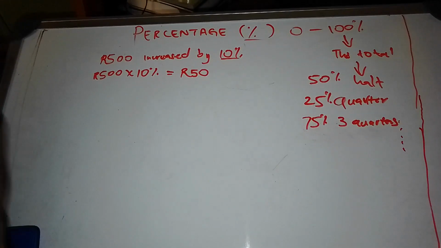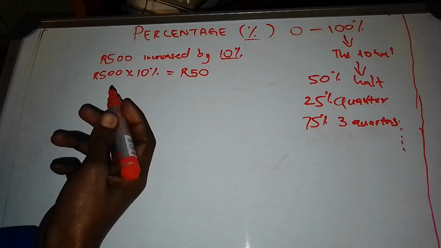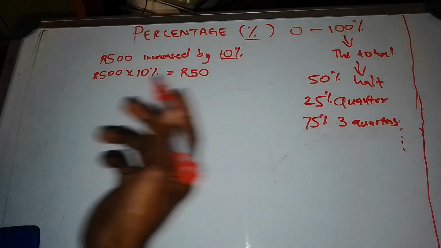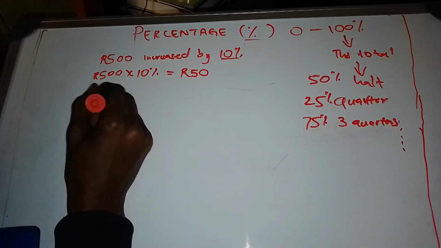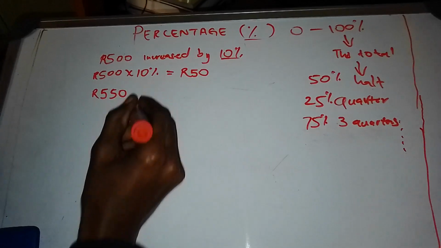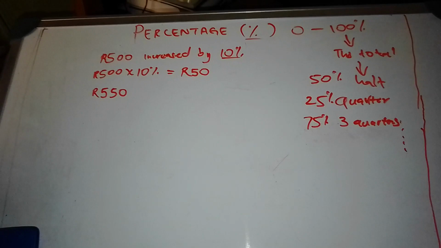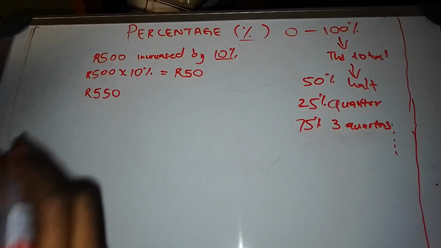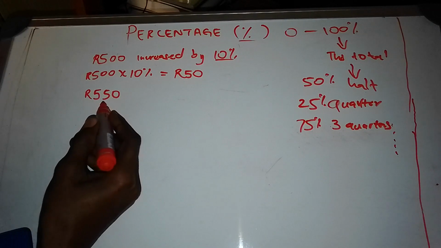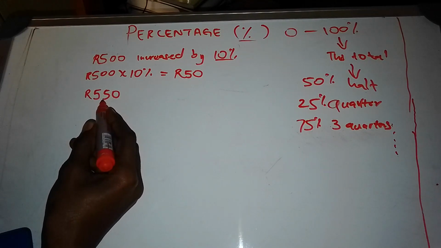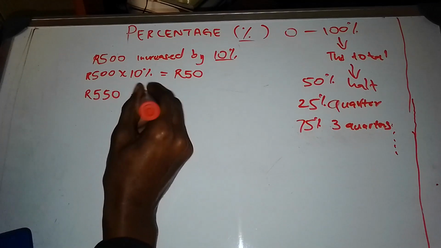Now let's say you are told that you've got 550. So the question gives you 550, and then they tell you that this 550 was previously 500.